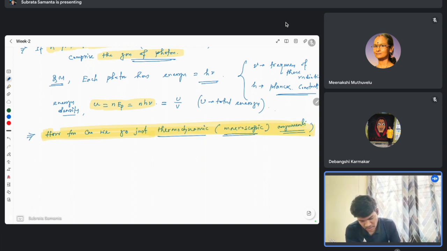In the first or second class, we studied these kinds of things. Suppose there is a cavity. This cavity looks like a container, and there is a detector.